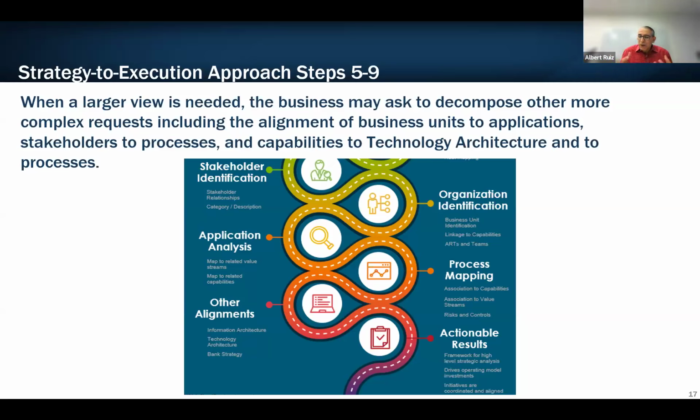Again, when a larger view is needed, in other words, if you're not just looking at value streams and capabilities and initiatives, what other areas are we looking at improving, and cross-mapping those between those particular domains, and the different business units that are affected, the different applications that are being affected, the process maps that may need to be changed.